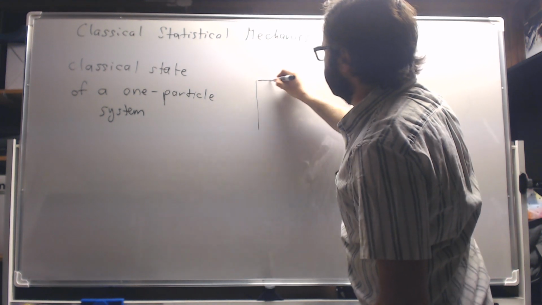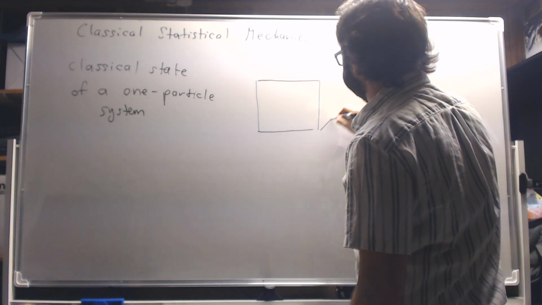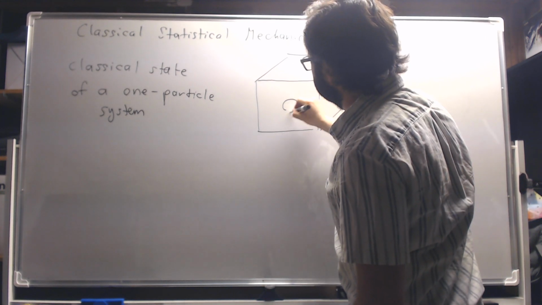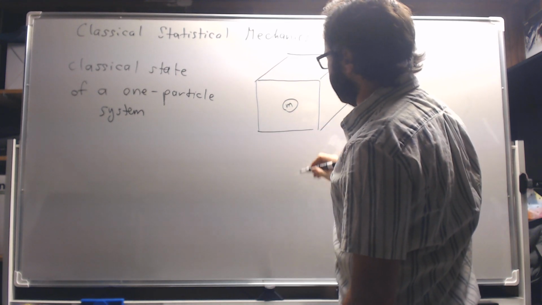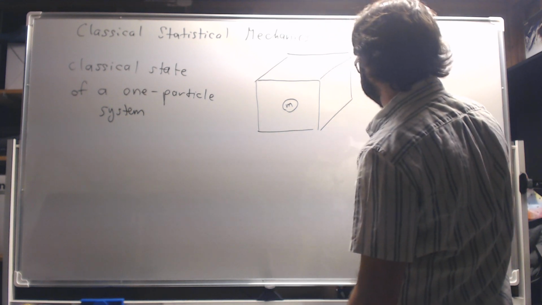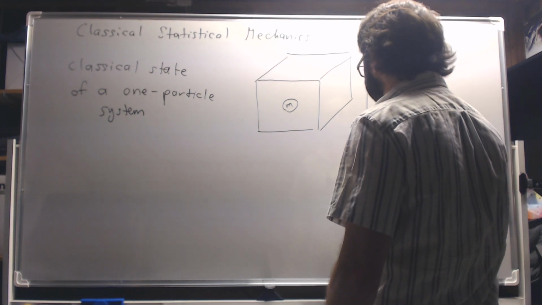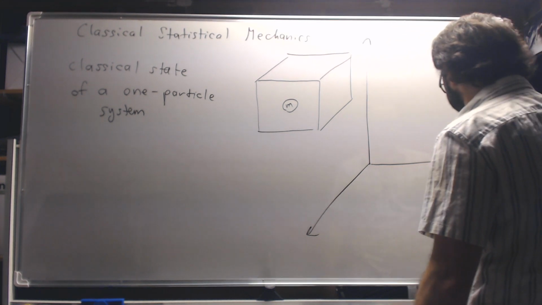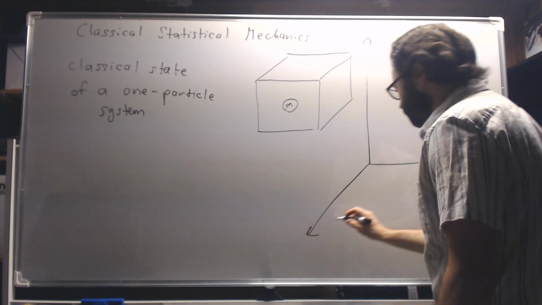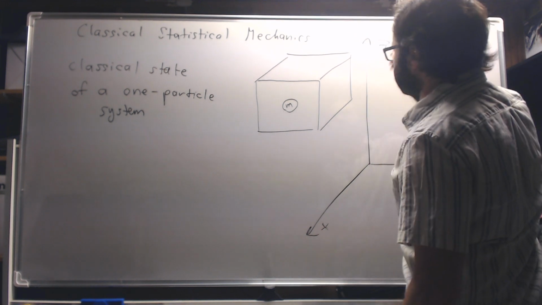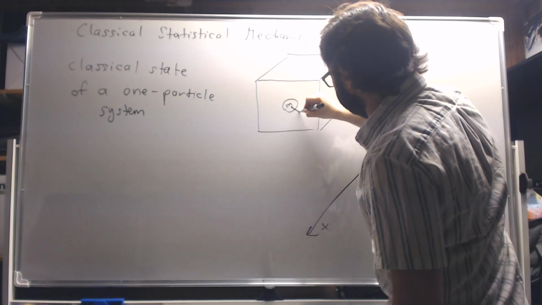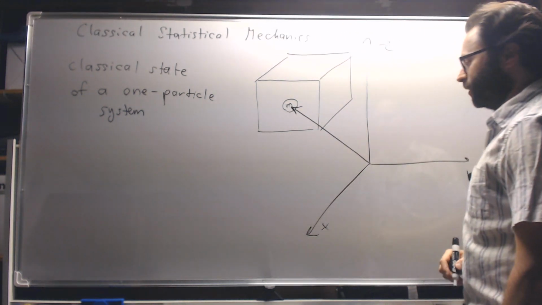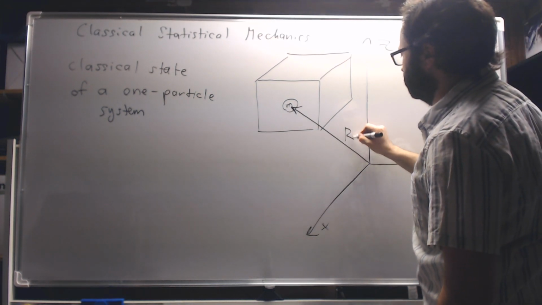Suppose you have a box, and you have a particle that has some mass. It has some position. Oops, let's call this y. Right, this particle has some position, perhaps denoted by the position vector r.